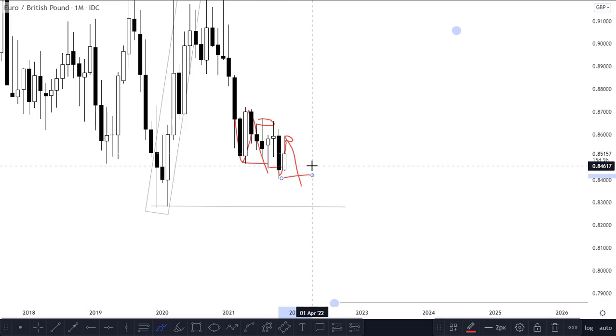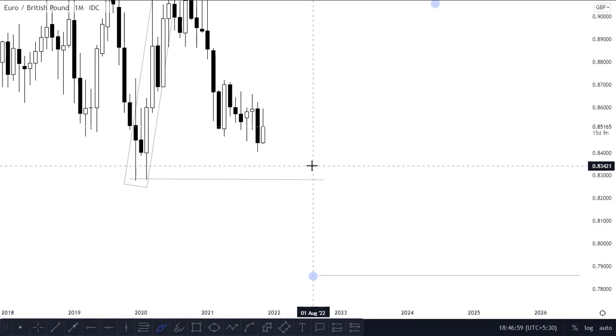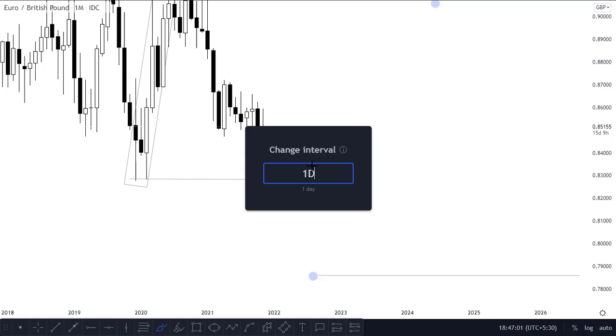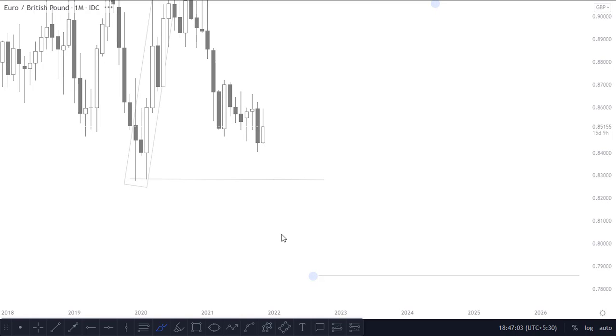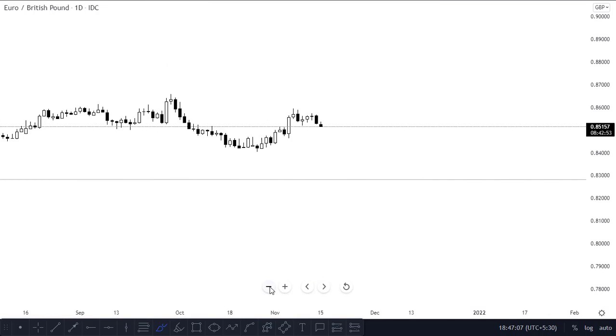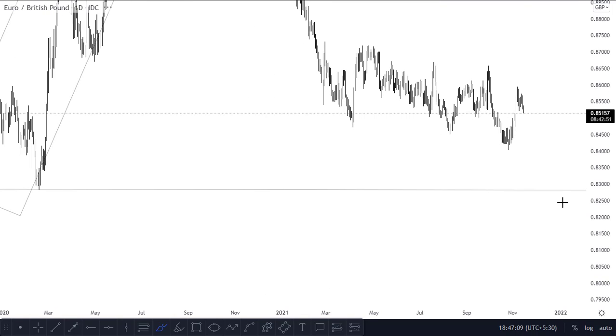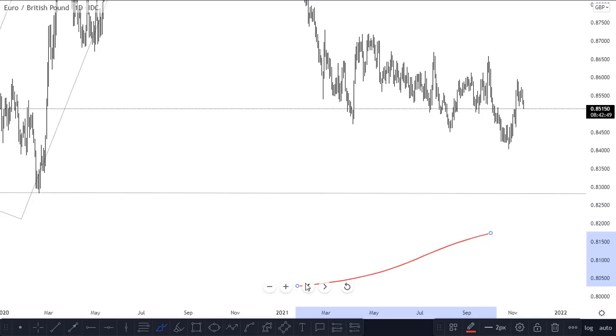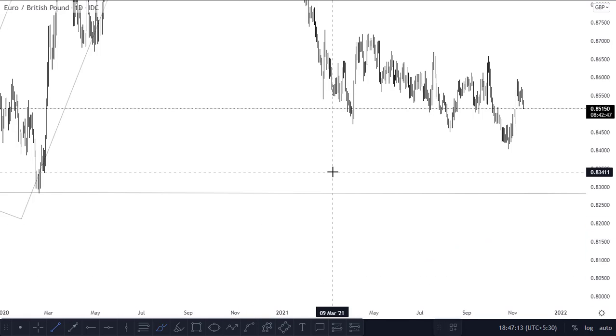So your current range, if we zoom in to the daily time frame, you will clearly see, immediately, the range the market is trading in.